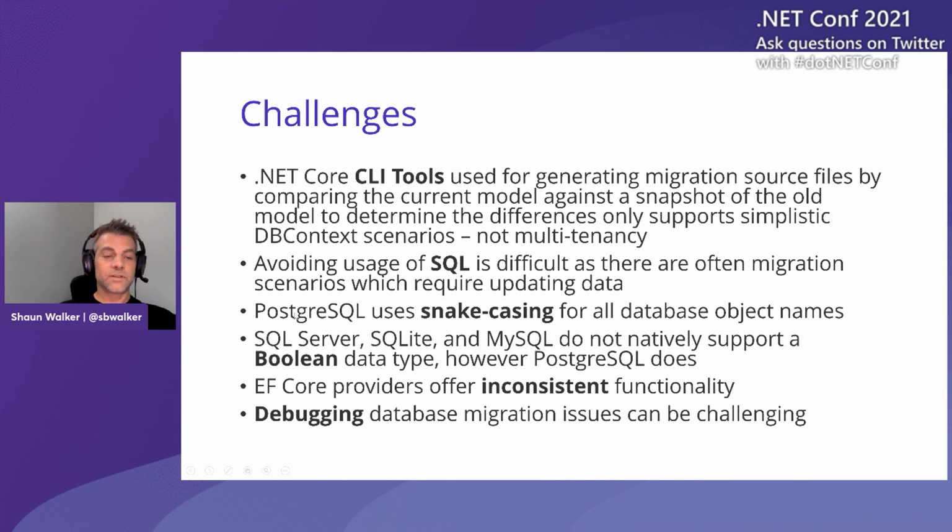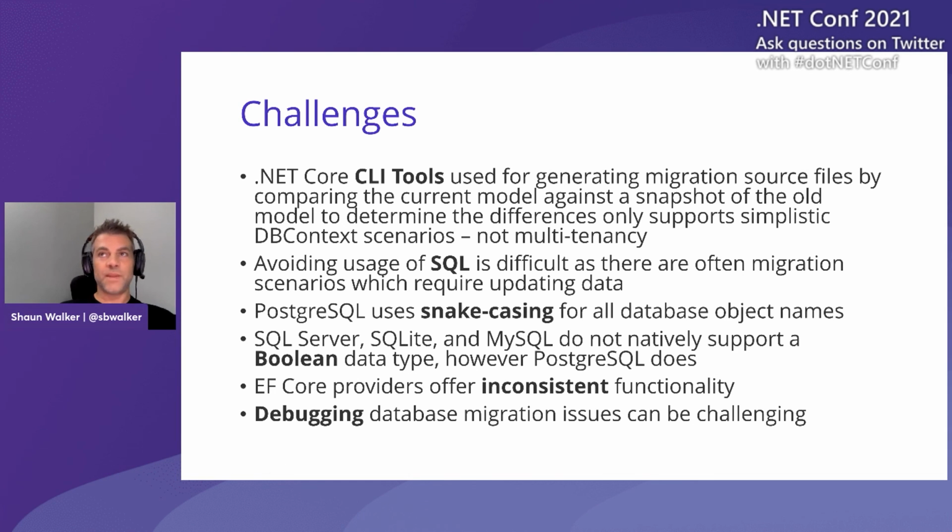Other things that were kind of a surprise, or things that we needed, that we ran into along the way. PostgreSQL uses snake casing for database objects. Snake casing is a completely different kind of syntax than what other databases support, so there had to be provisions built in to support that. PostgreSQL also supports a Boolean data type natively, holding values like standard true and false, whereas other databases do not actually have a native Boolean type.